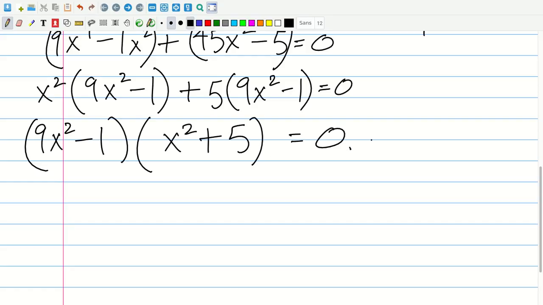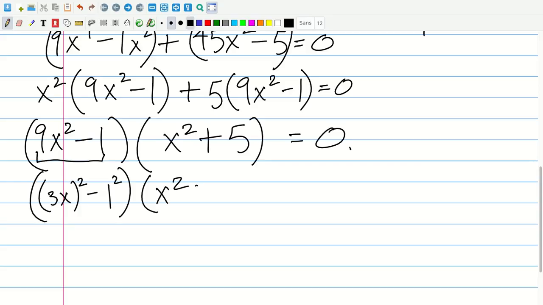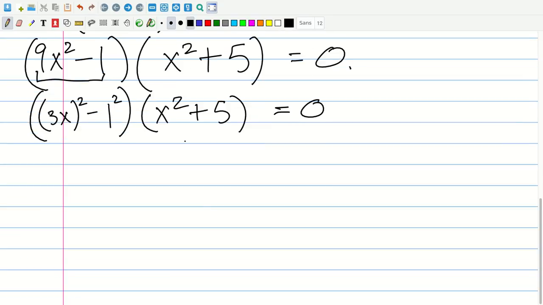Okay. Now, this is a difference of squares, because I can rewrite that as 3x squared minus 1 squared. And so I can do 3x plus 1, right? A minus b, a plus b. 3x minus 1.